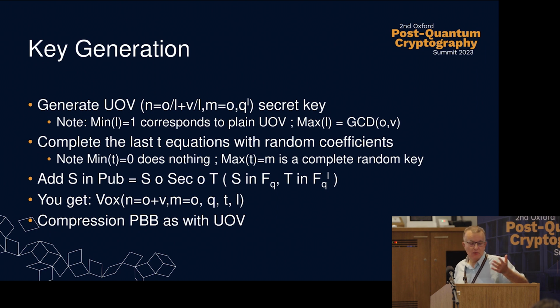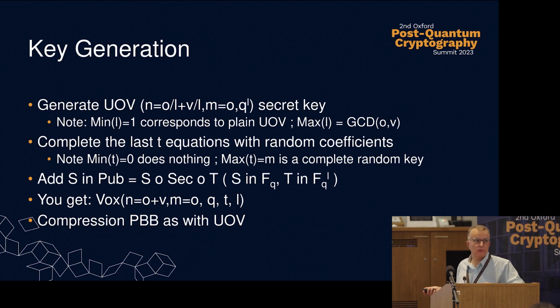Then you replace those zeros by completely random coefficients. And again, you can see T as a cursor, measuring some difficulty or easiness to solve. And when you choose zero, it means that you do nothing.